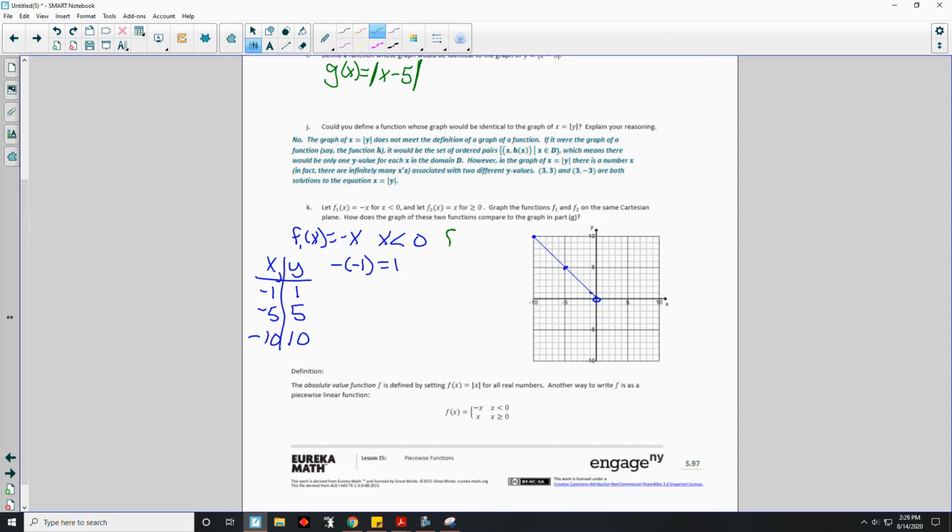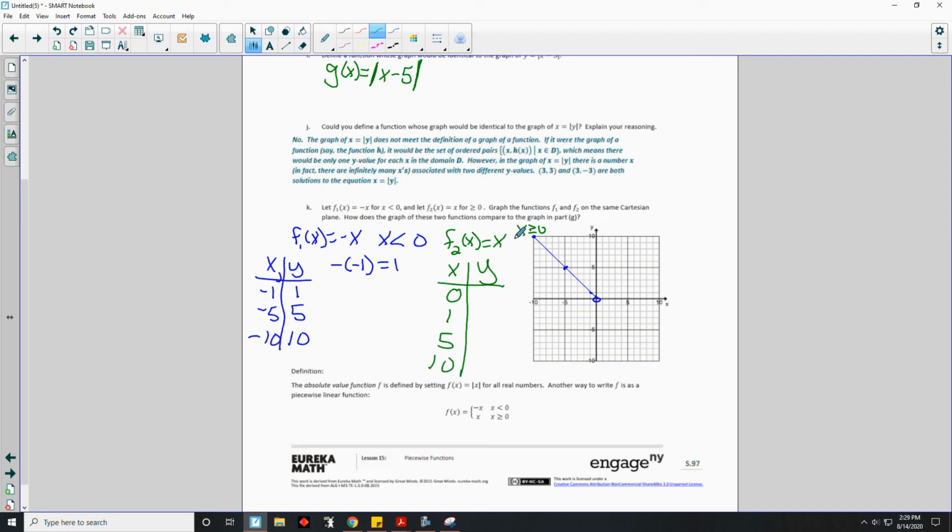Now we're saying f sub 2 of x equals x for values where x is greater than or equal to 0. So then I make a t-chart, x, y. Now f sub 2 of x is my y, x is my x greater than or equal to 0, so I'll start with 0. I will put 1, 5, and 10.